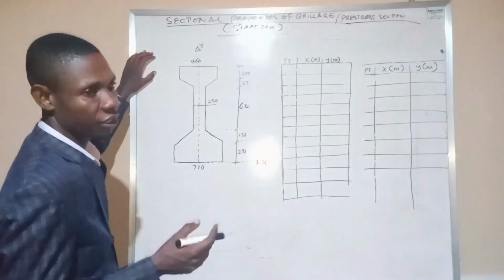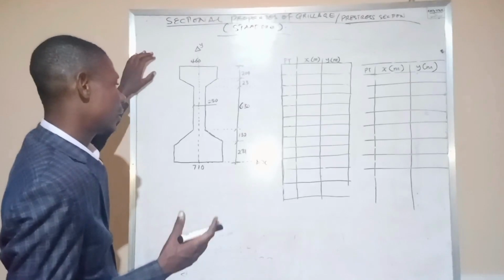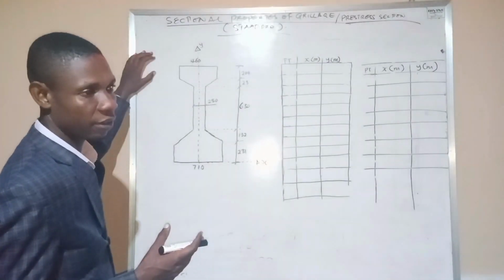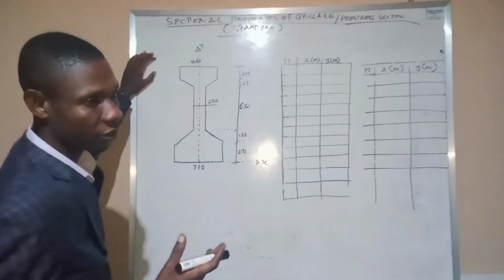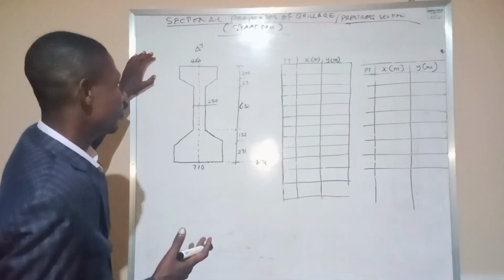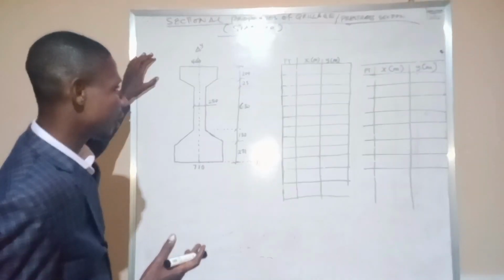And once the section is generated, the section can be applied to create our grillage. All right. So when we come to lecture on grillage, we'll be making use of these already defined sections.